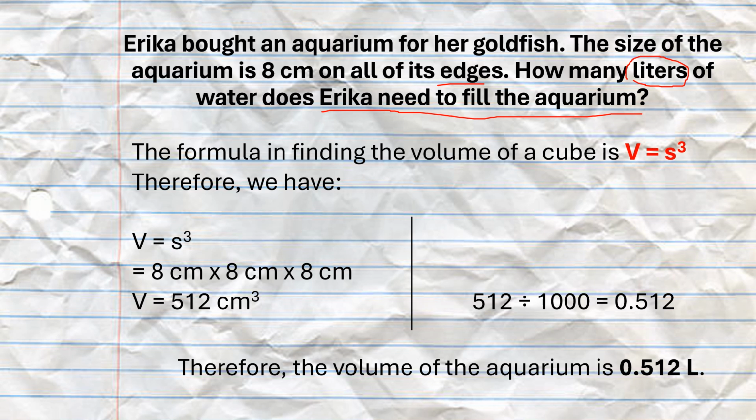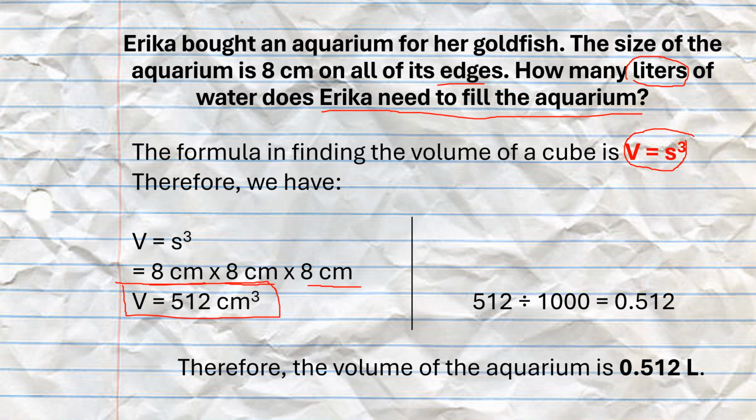Take note, since all edges of the aquarium measure 8 centimeters, we use the formula volume is equal to S cubed, and we substitute the value to 8 centimeters times 8 centimeters times 8 centimeters. The volume in cubic centimeters now is 512 cubic centimeters.